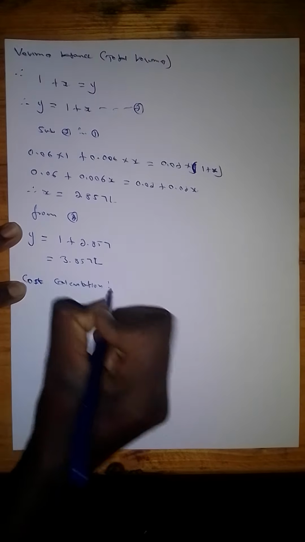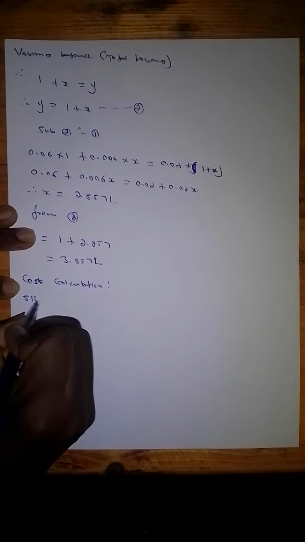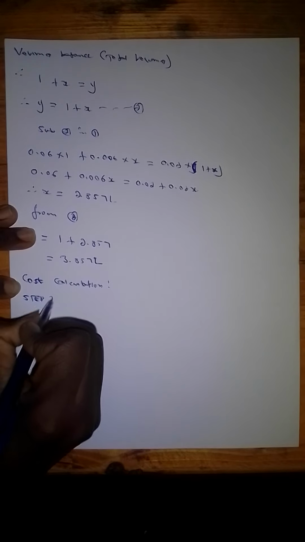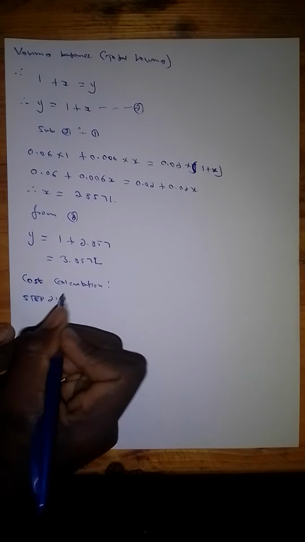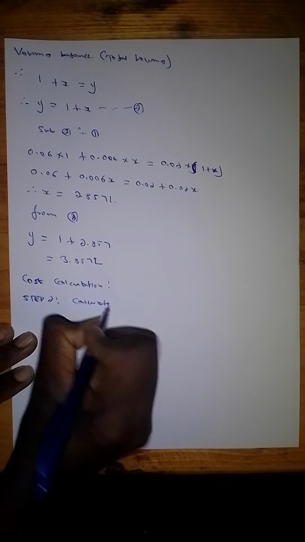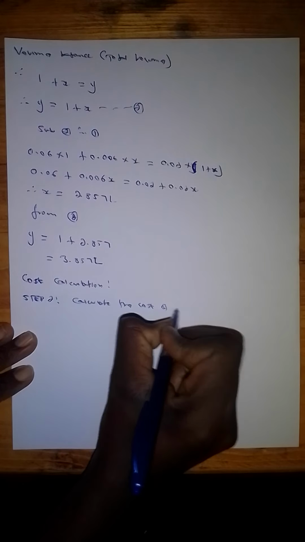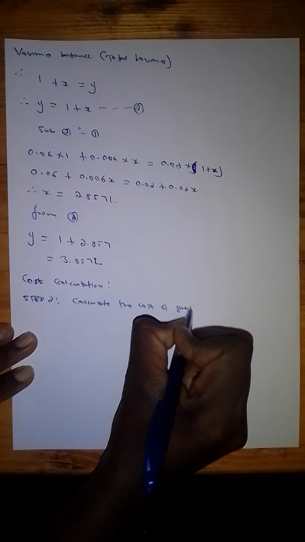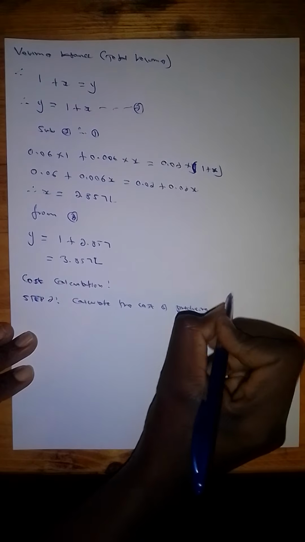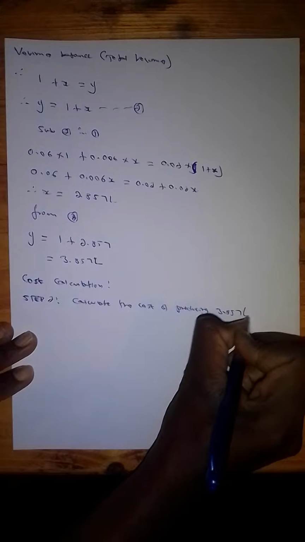Step 2: calculate the cost of producing 3.857 liters.